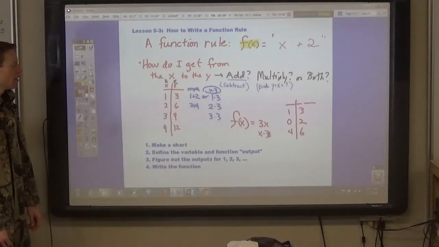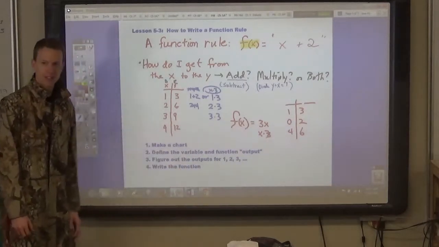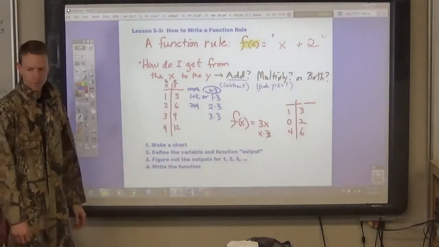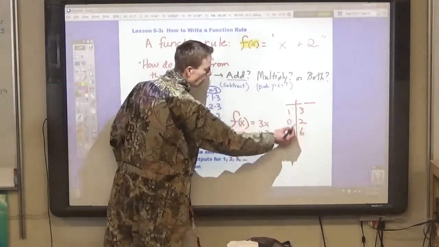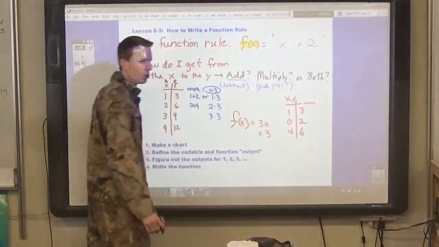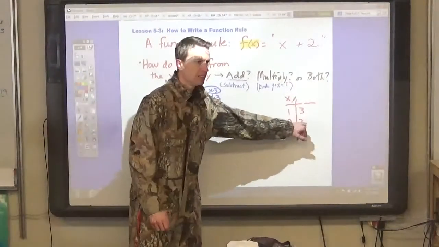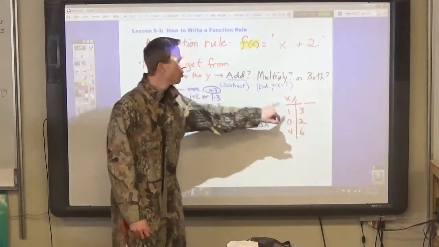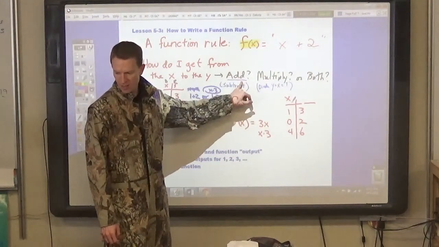Now, one of the numbers that helps you a lot is 0. If you see a 0 as one of the domains, that can really help you, because if the other side is 0, then you know you cannot be adding something.